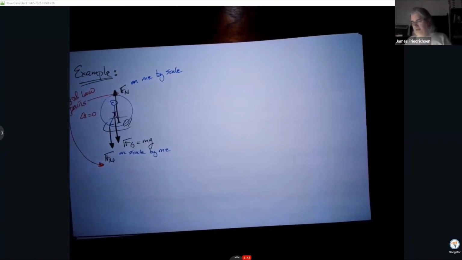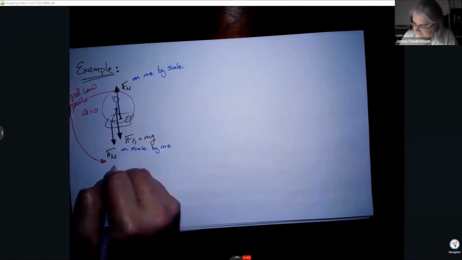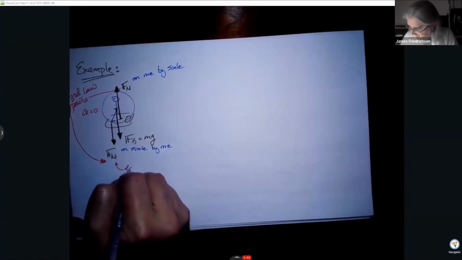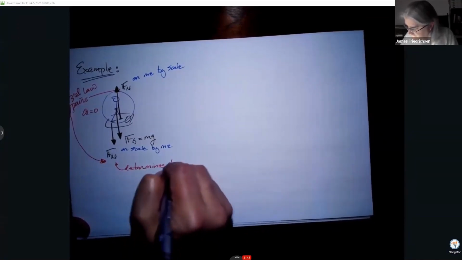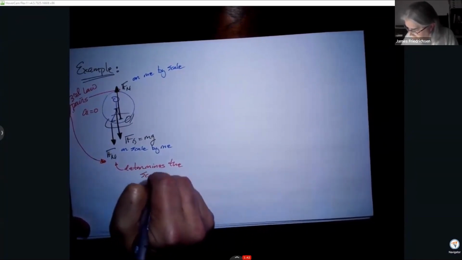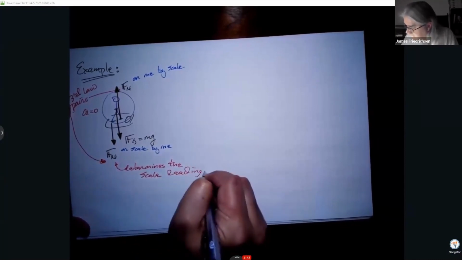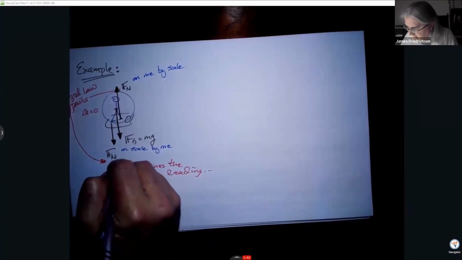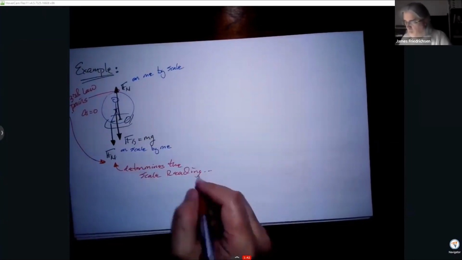The idea here is the harder we push down on the scale, the more the scale reads. I don't happen to have a scale handy, so I can't show that, but I think you know that as you step on the bathroom scale, the scale reads more.